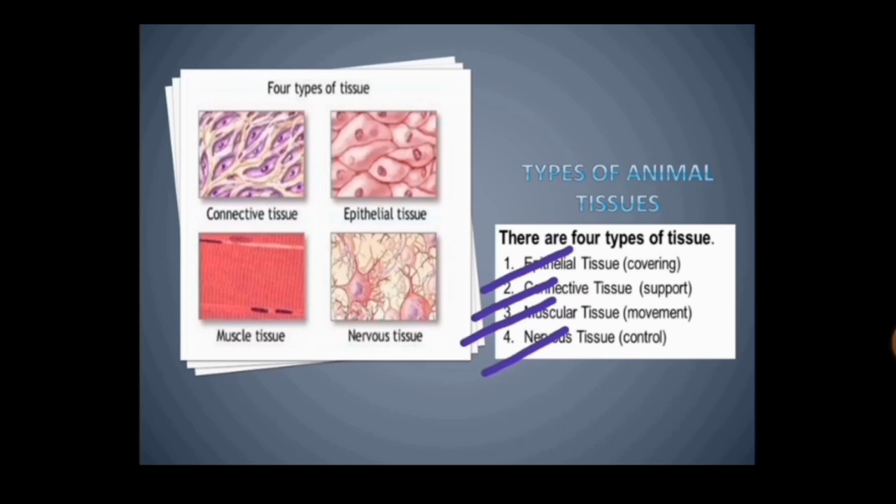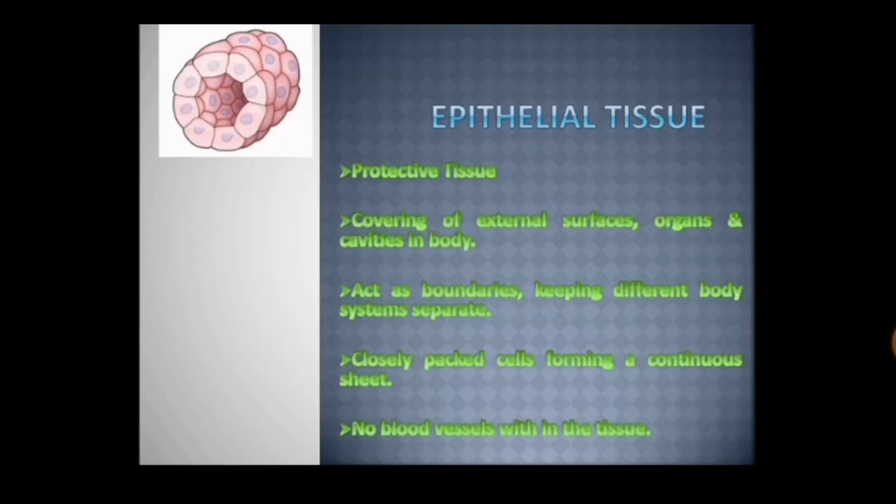And we will start our discussion with the first important type of animal tissue, that is known as epithelial tissue. So now we will start with epithelial tissue.